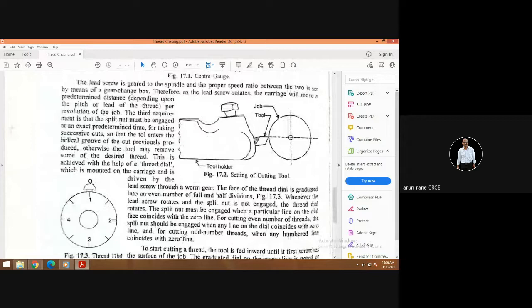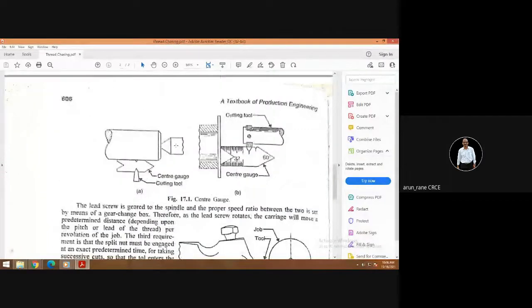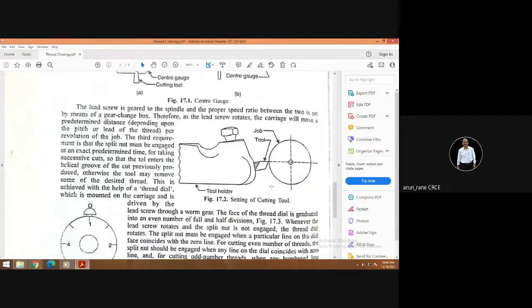Only what you have to remember here is that in case of lathe machines, the tool has to be set exactly in the center, and the tool should correspond to the thread profile. There is a template, that is the gauge. As per the gauge, your tool has to be ground, and it has to be set at the center line.